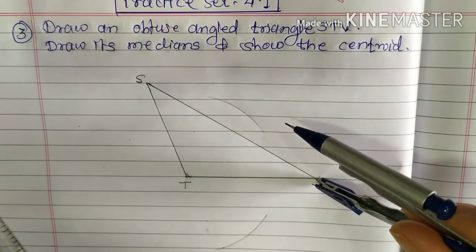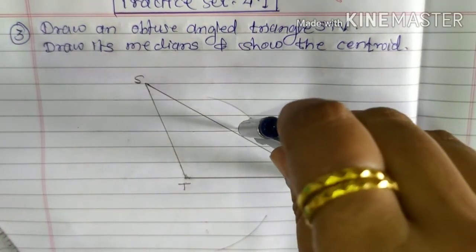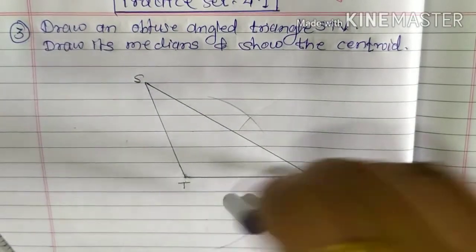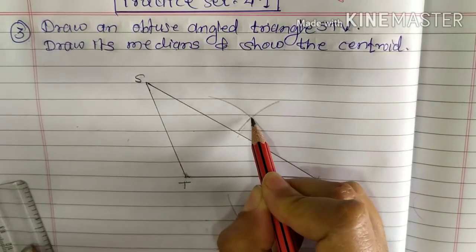Then put the compass on the point V. Again we can mark here. Then join these two points.